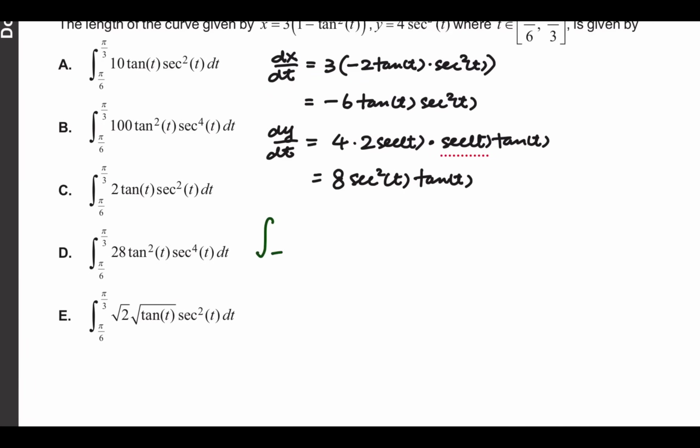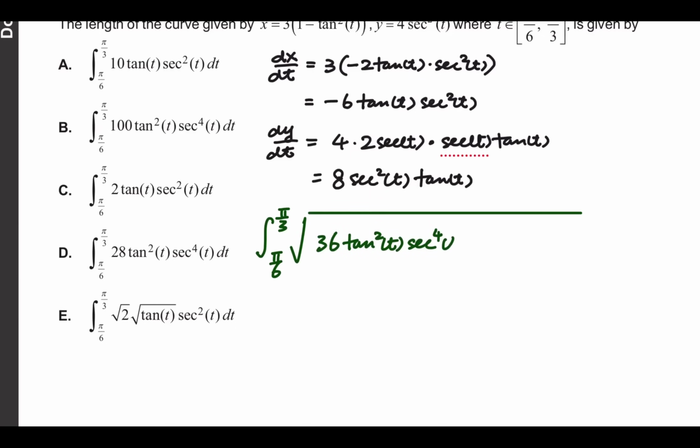So the arc length should be expressed as the integral from pi over 6 to pi over 3 of the square root of 36 tangent squared t secant to the power 4 t plus 64 secant to the power 4 t tangent squared t, dt.